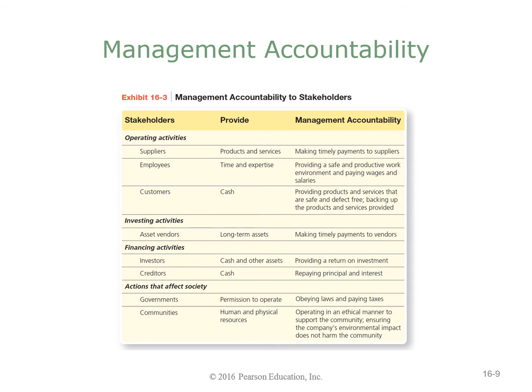About investing, asset vendors provide us with long-term assets, so we have to make timely payment to them. Financing, investors provide cash and other assets, so we have to provide them with a return on their investment. Creditors provide us with cash, and our responsibility is to repay the principal and interest.